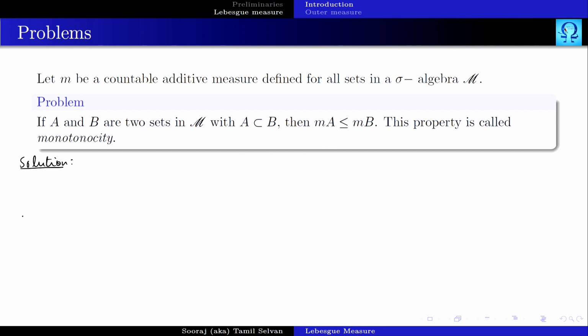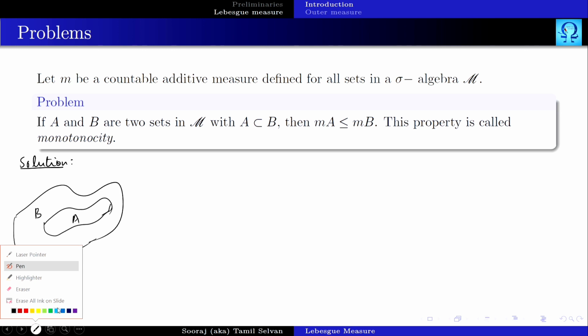Here the situation is, if this is your set B, this is A. One is contained in the other, but still we'll have to try to achieve something of that sort. I need the comparison between A and B, right? So this B may be written as A union what?